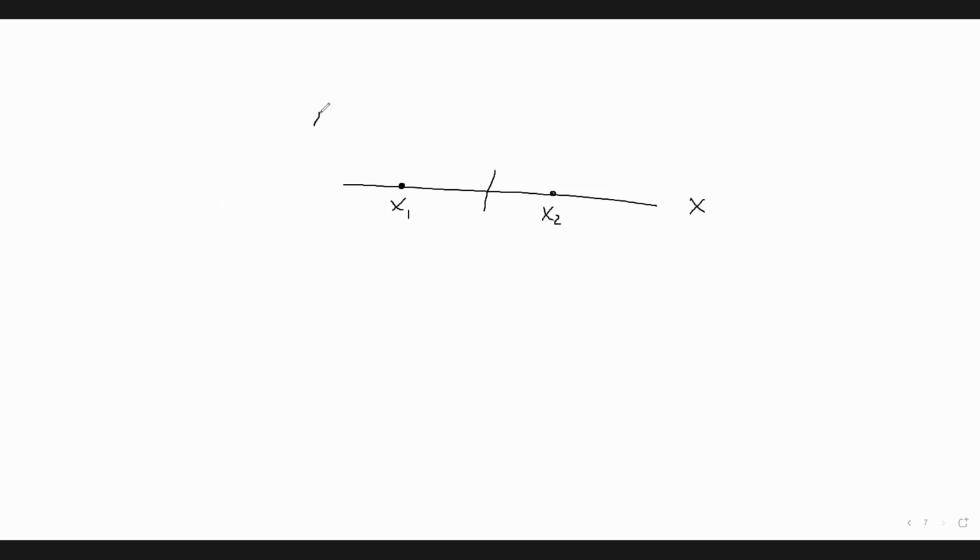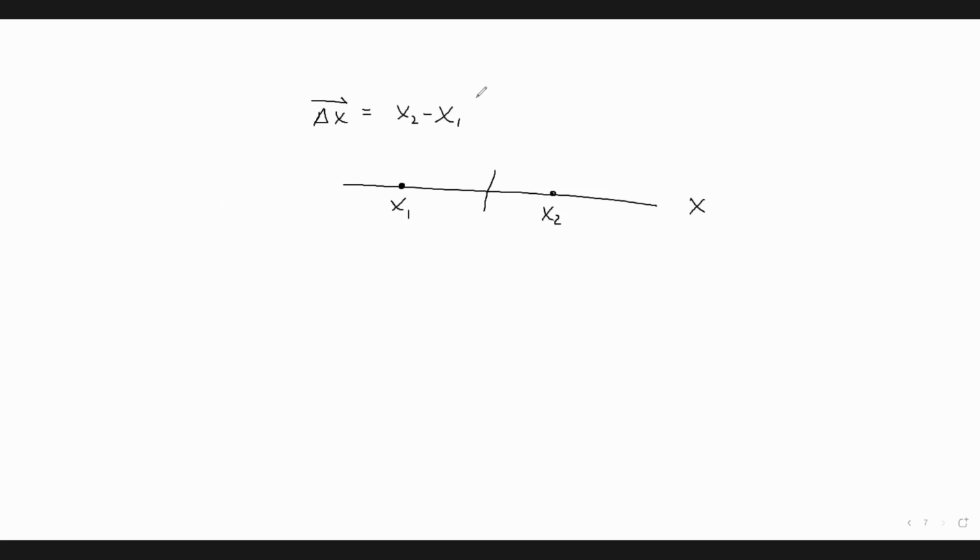My displacement, delta x, is a vector. And it equals x2 minus x1.